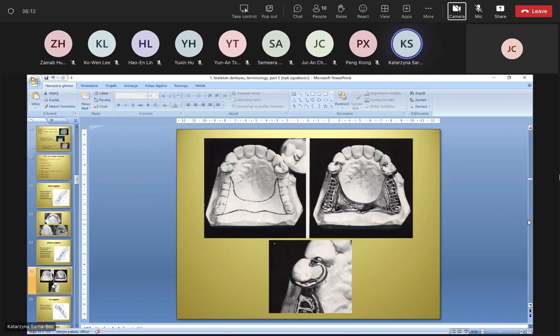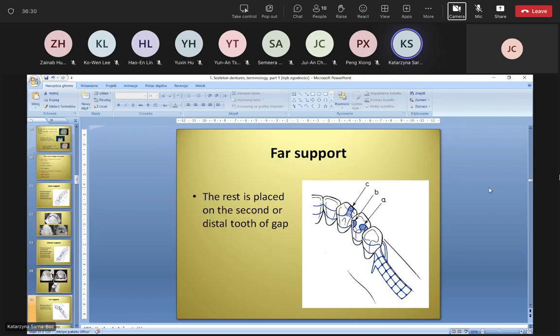And how it looks on the model. The rest seat is made here on the occlusal surface opposite the gap. Here and here and also here. This is the distant support. And the last one, far support.